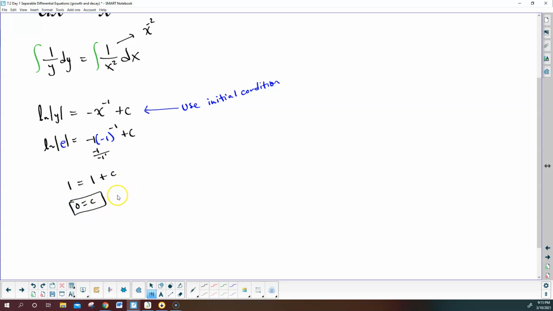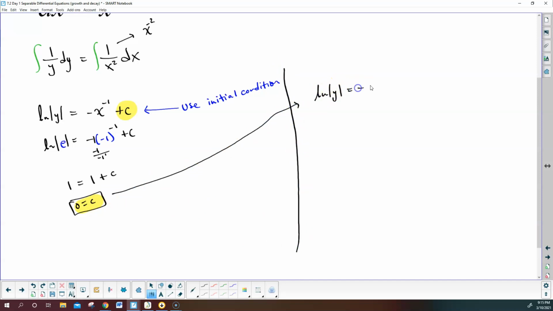So what do we do? Once you find c, you always go back to the first spot where c appeared, right here. We're going to plug 0 in. I'm going to take the natural log of y equals negative x to the negative first power plus c.